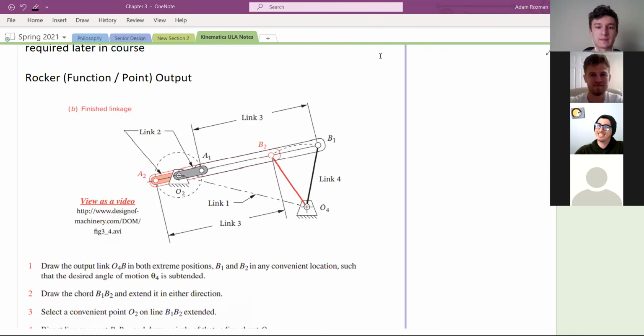So you could turn this into a quick return mechanism. Basically, all you're doing is changing this angle.